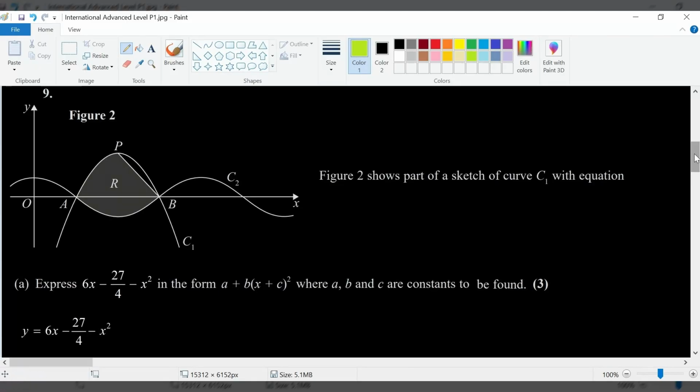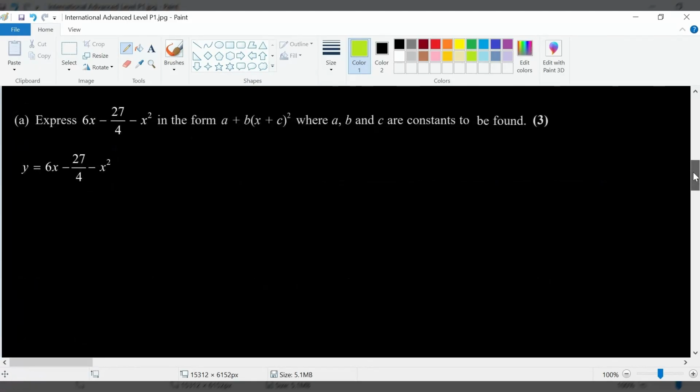So this is a vertex form which is given. Now, this is a quadratic equation. I will turn this one into a quadratic equation. I will write minus x squared plus 6x, and the constant is going to be 27 over 4. Now this is the first step towards solving this question.